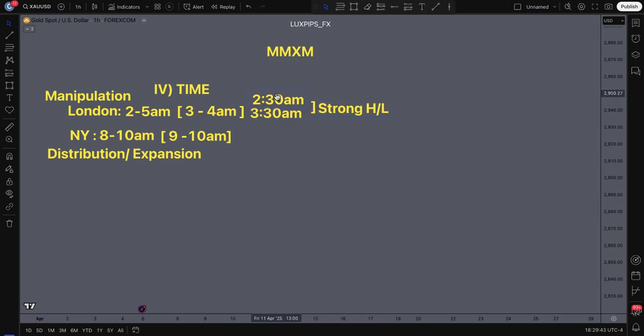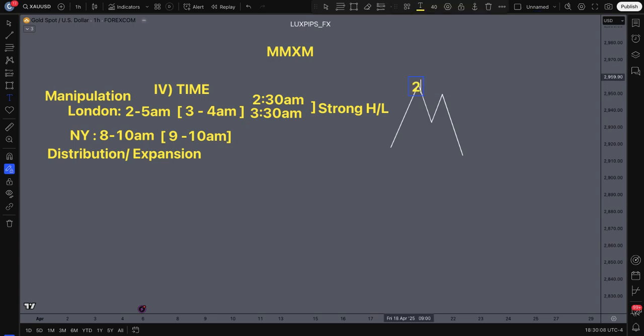So if you see a high made at 2:30 a.m., that's already hit a POI, it's done the structure, it's already crashing down. You want to follow this 2:30 a.m. high into your next POI. Just to give an illustration on that. Something like this, right?